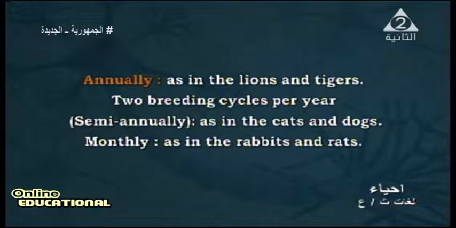But cats and dogs have a semi-annual cycle, meaning twice a year. Monthly, like the rabbit and rat, can produce a breeding cycle every month.